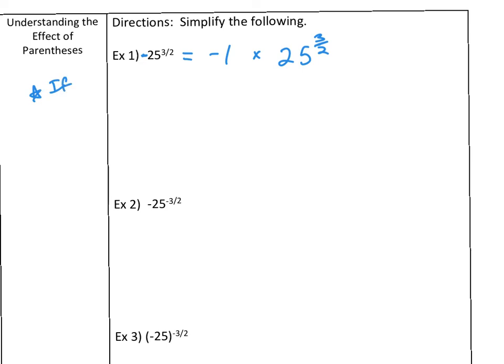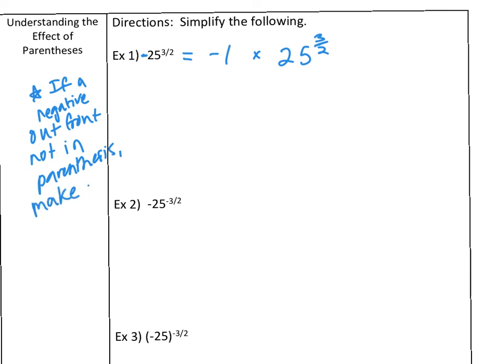So if there's a negative out front, not in parentheses, make it -1 times your value. Okay, so now we can break this one down pretty easy, right? 25 to the 3/2 is just going to be 25 to the 3rd power being square rooted, correct? Yeah?